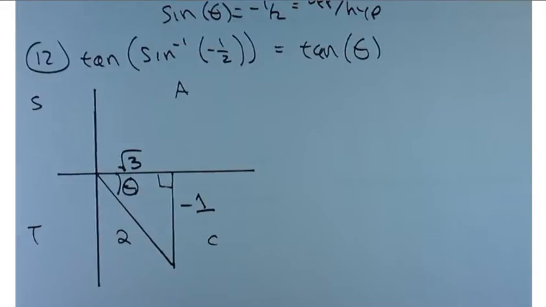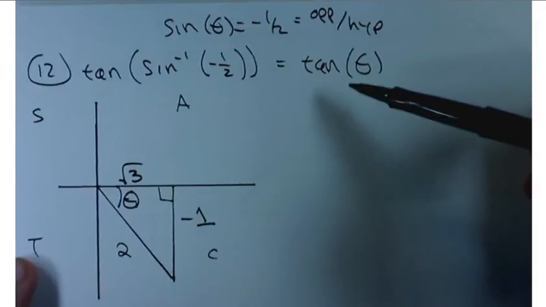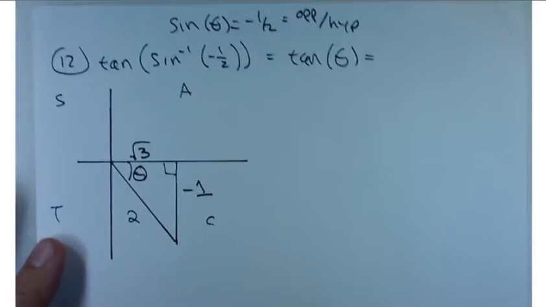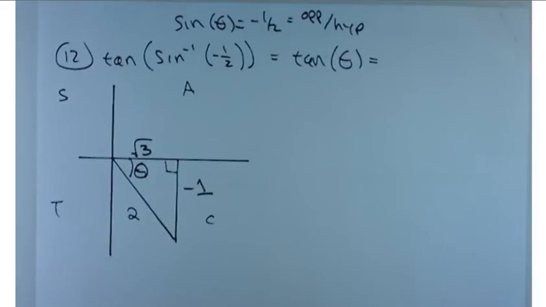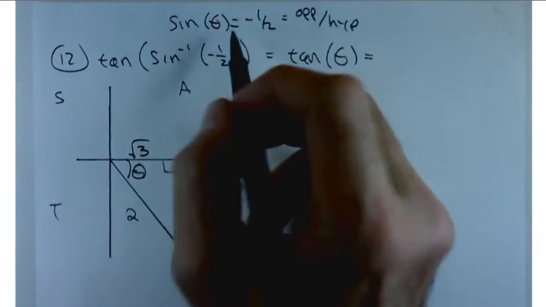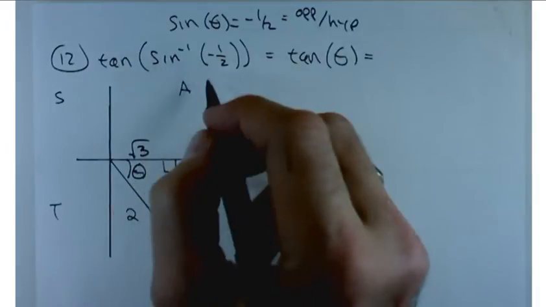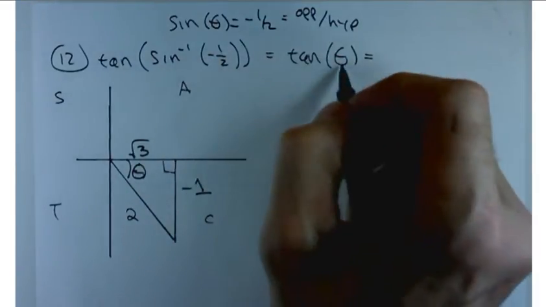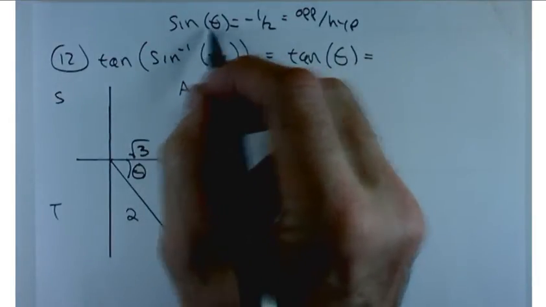So drawing the triangle is the big part. Coming up with the tangent here should be the easier part of the two. Not to say that it's easy, but just the easier part. So let me go back and take a look at the triangle one last time. This is our angle theta. So theta is an angle whose sine is negative 1/2.